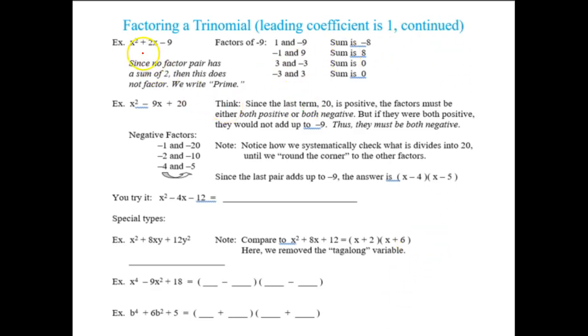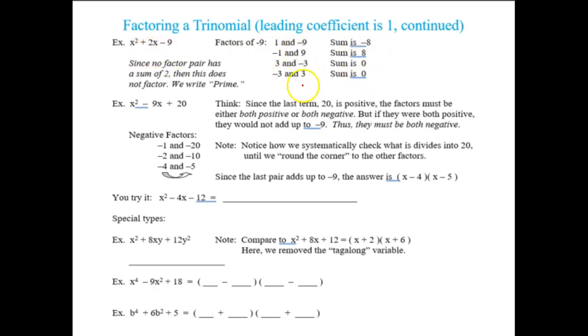So x squared plus 2x minus 9. You look for the factors of negative 9 that add up to 2. Well, the factors of negative 9 are 1 and negative 9, negative 1 and positive 9, 3 and negative 3, or negative 3 and 3. But they never add up to 2.